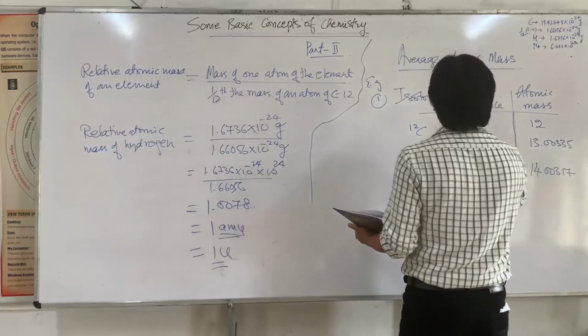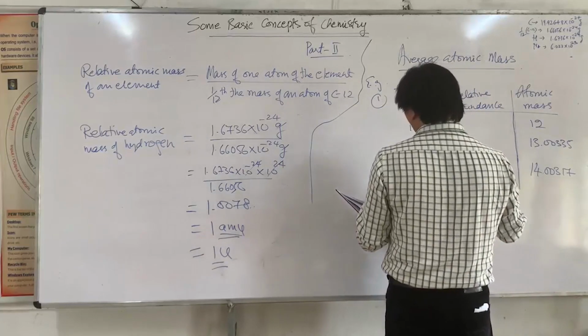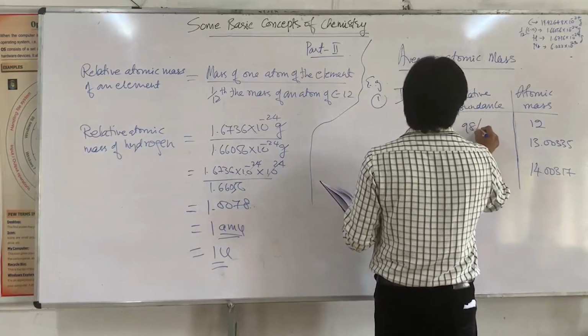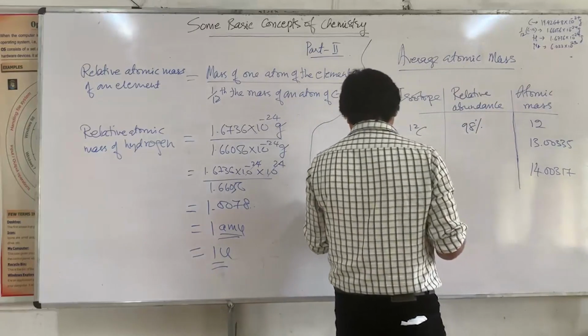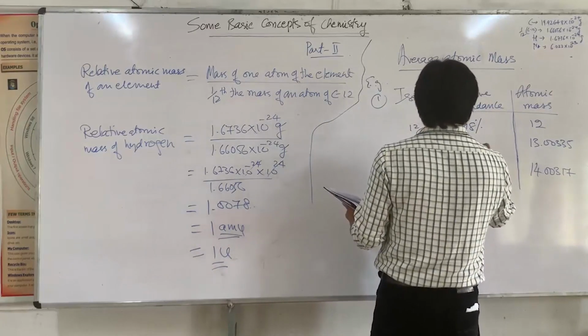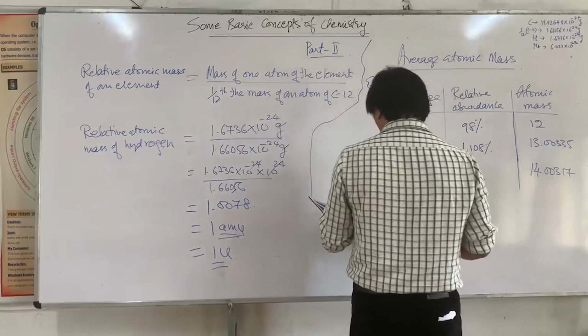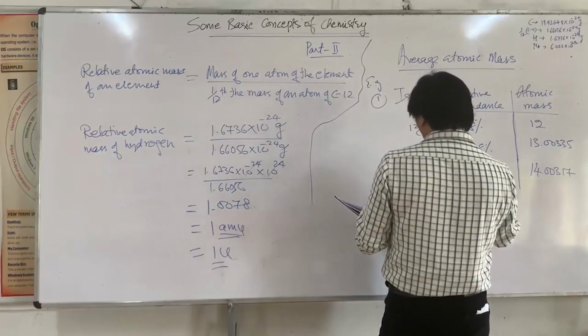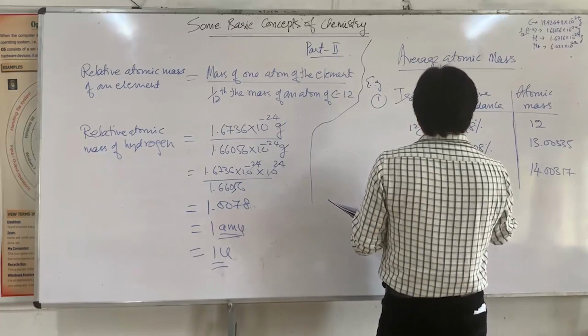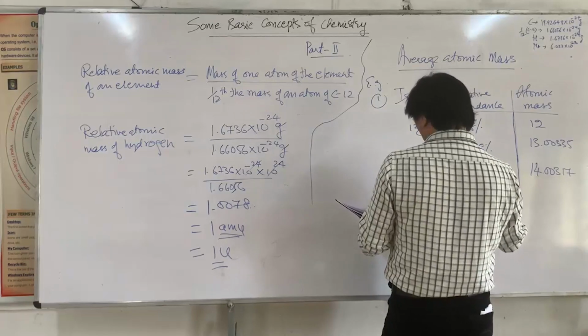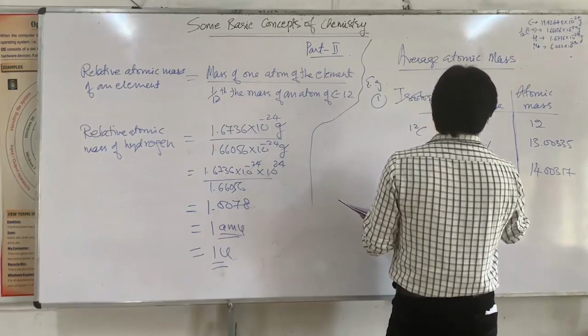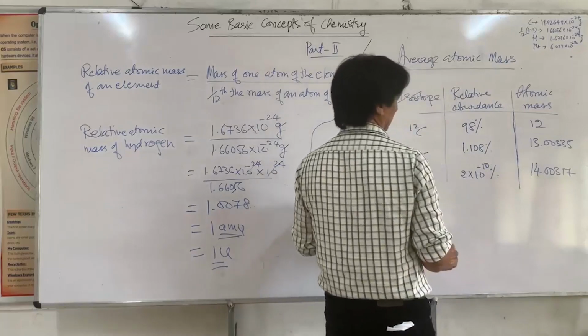The relative abundance of carbon 12 is 98%, carbon 13 is 1.108%, and carbon 14 is 2 × 10^-10 %. A very small number.